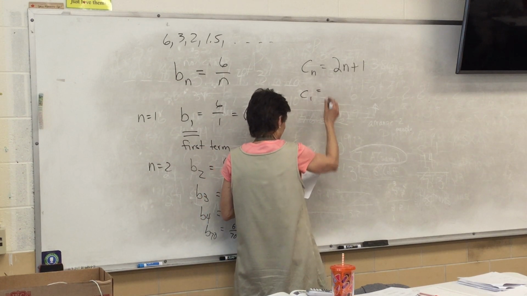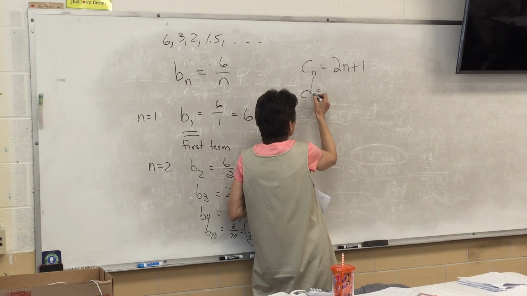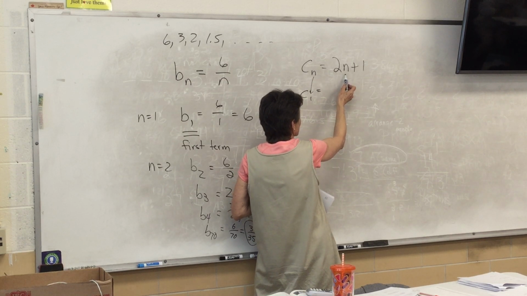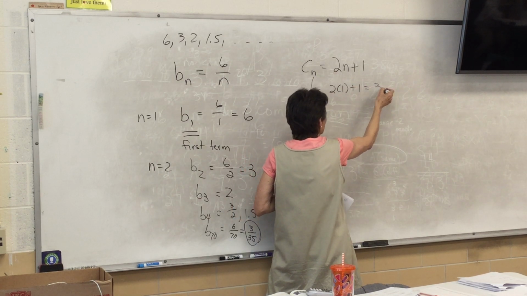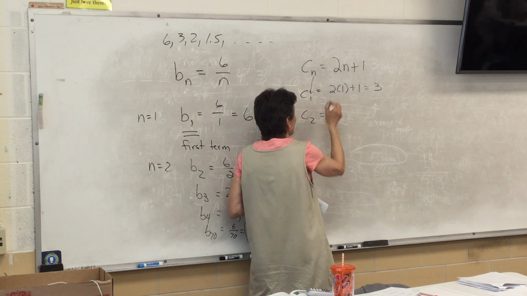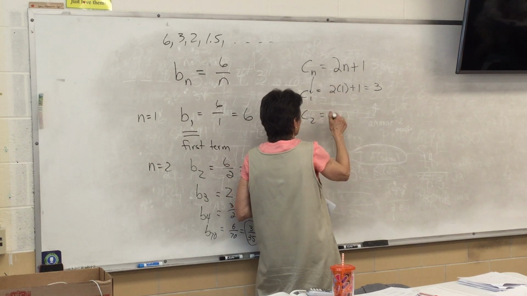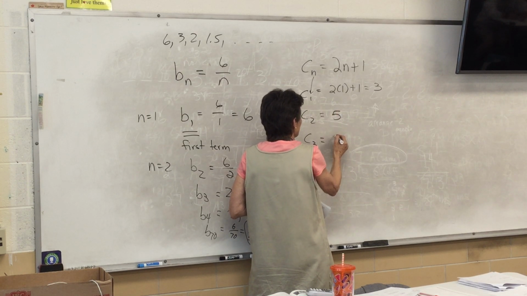What's the first term? Three. Now be careful. You're letting n be 1. So if you put a 1 in here, what do you get? You get 3? Right, now put a 2 in. That's what this says. Let n be 2. 5. How about 3?